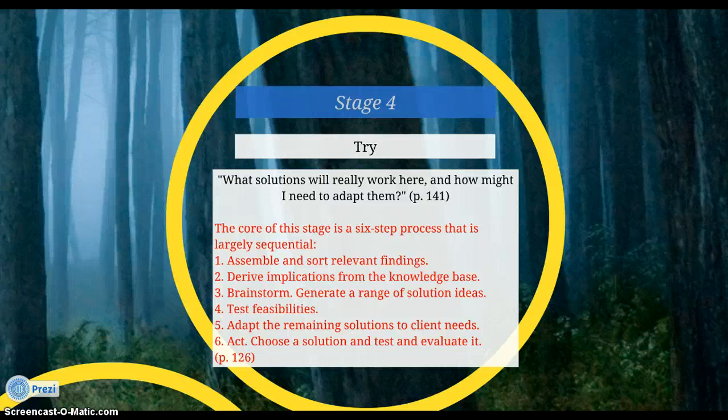Generate a range of solution ideas based on possible solutions identified from previous stages, such as unique needs, strengths, or limitations. 4. Test feasibilities. 5. Adapt remaining solutions. This offers the change team the ability to adapt or reinvent the change. And 6. Act. Choose one or more solutions, pilot it, and evaluate the results to eventually arrive at a decision.